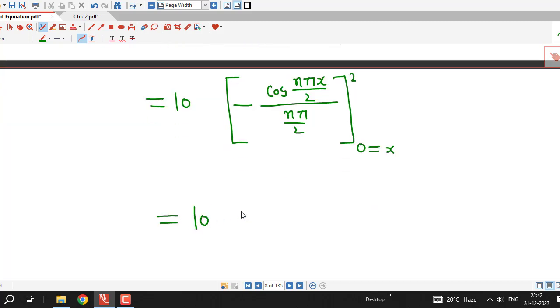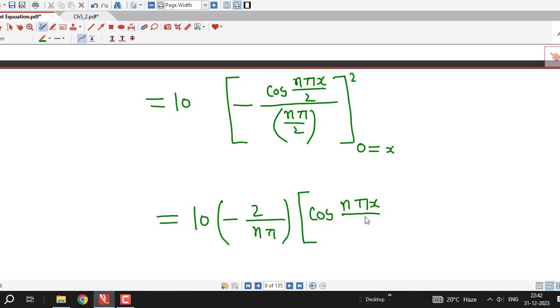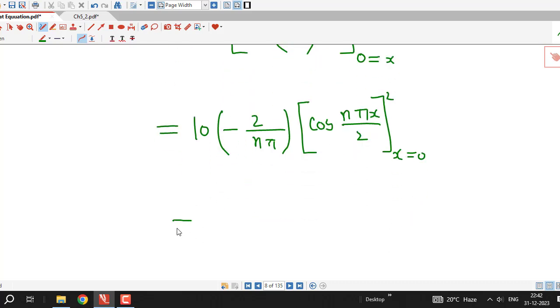If I take this nπ/2 to the numerator, I can rewrite it as minus 2 divided by nπ. I am taking all these quantities which are independent of x outside the bracket, and cos(nπx/2), with limits of x from 0 to 2, and this is minus 20 divided by nπ. First I will take x equal to 2.